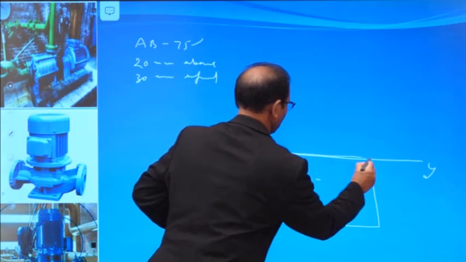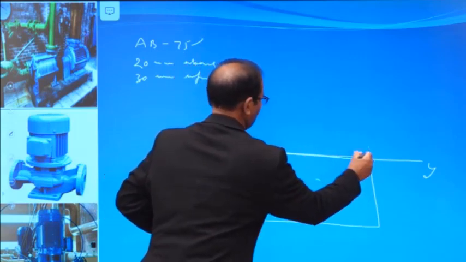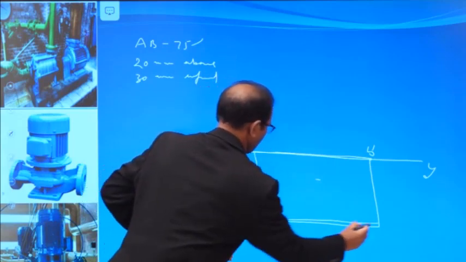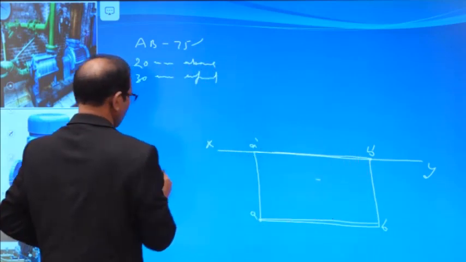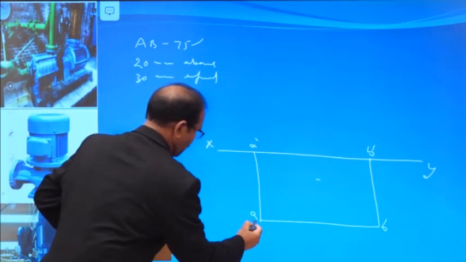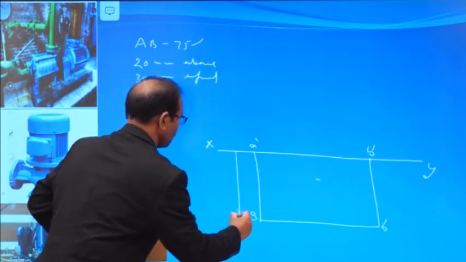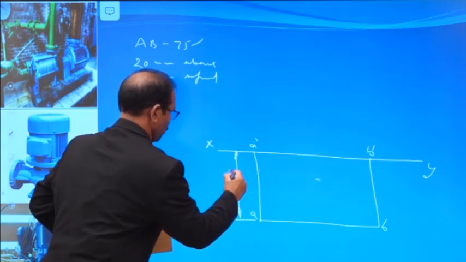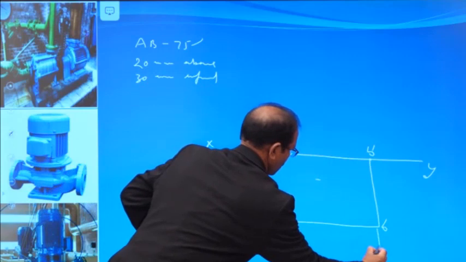Now this is our result. Say this is a dash, b dash, and this is a, b. Now what is the length? This distance is 40 mm.